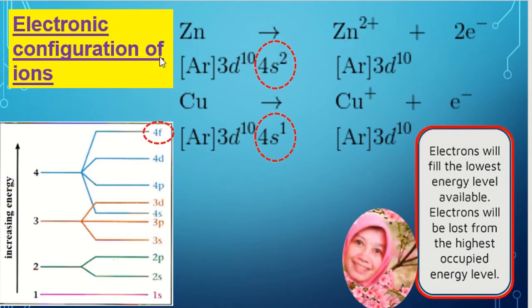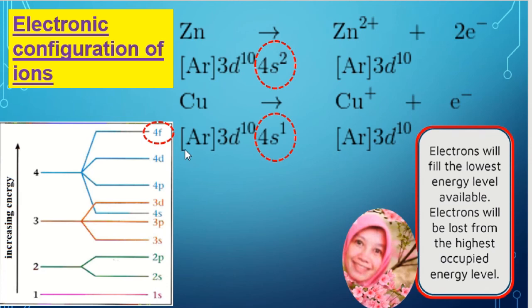Students, what about electronic configuration of ions? Electrons that occupy the higher energy level are further away from the nucleus. The further away the electron is from the nucleus, the weaker the attraction force between the nucleus and the electron. When electrons are lost in the formation of positive ions, the electron furthest away from the nucleus will be removed first.